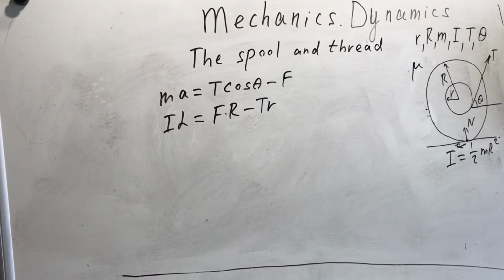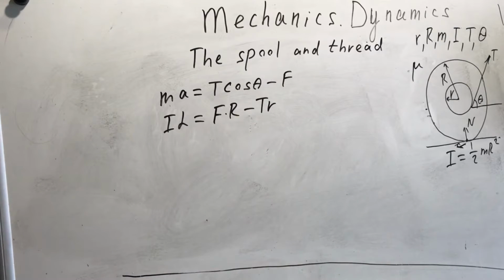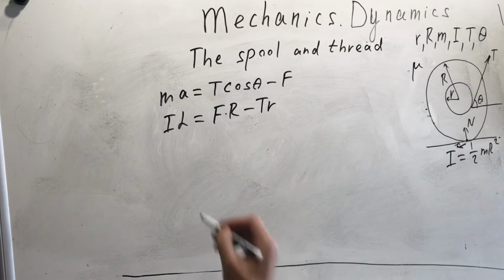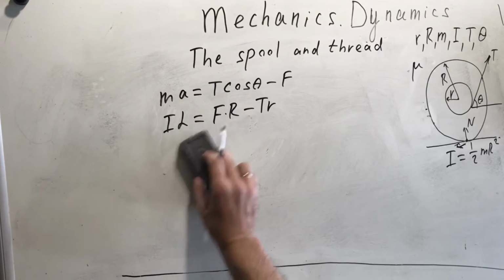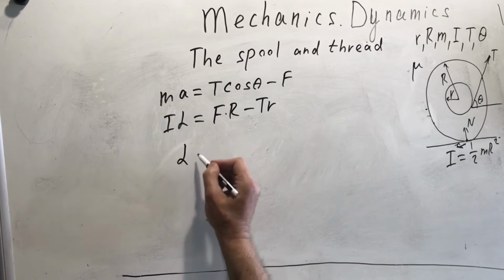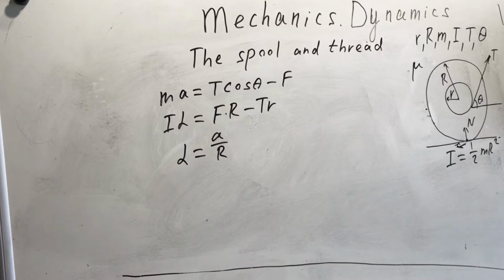We have two equations, and we have a, alpha and force of friction, but because we don't have sliding, it means that we have a kinematic relation, that alpha equal a over R. This is how linear acceleration is connected to angular acceleration.